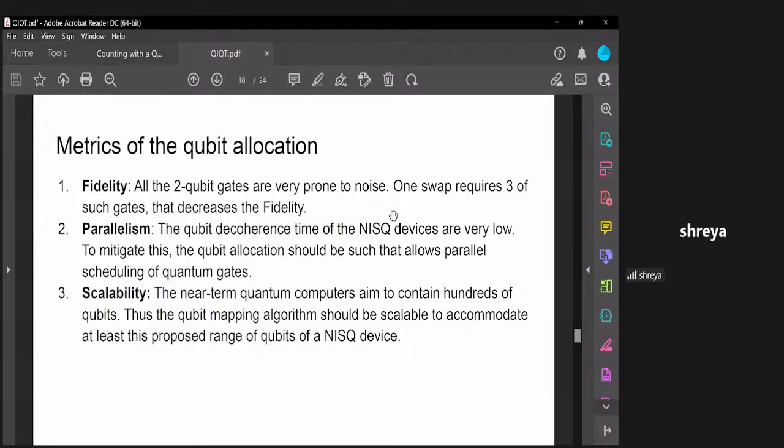What your circuit can do is you can identify the CNOTs that are independent of each other and you can schedule those in parallel. And there is also scalability, but scalability is not a problem for NISQ devices because these computers have only hundreds of qubits. Scalability will be a problem when we have more than that.